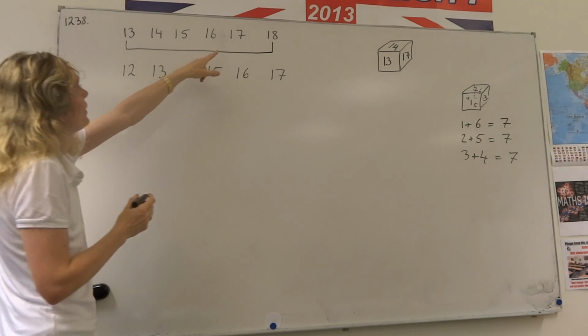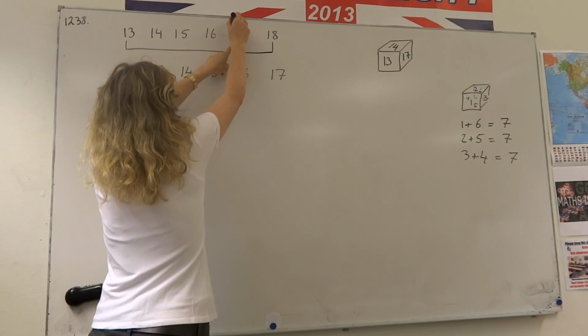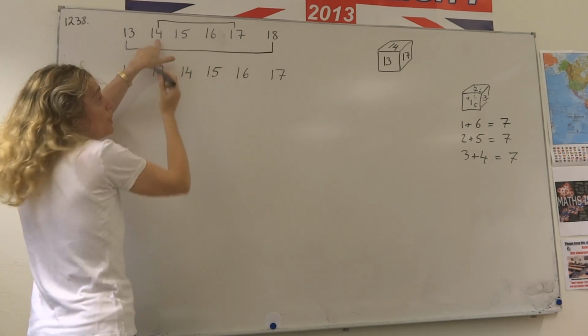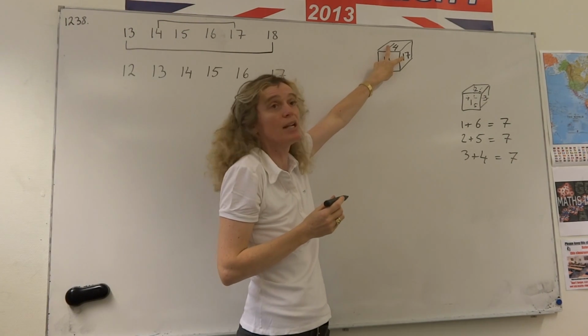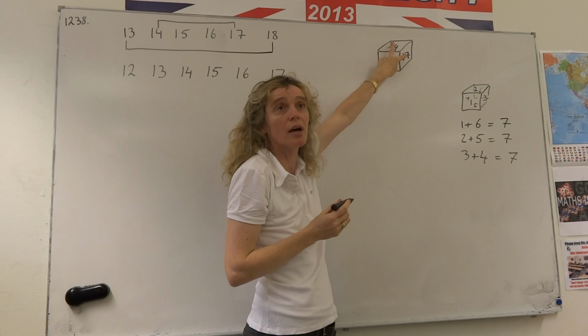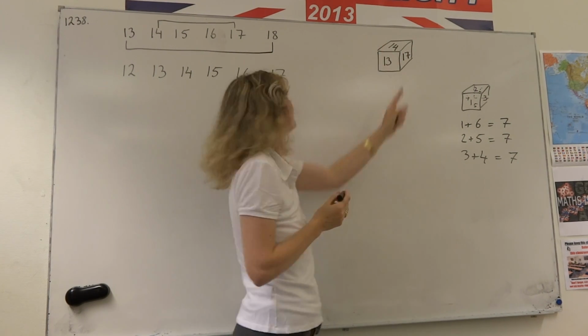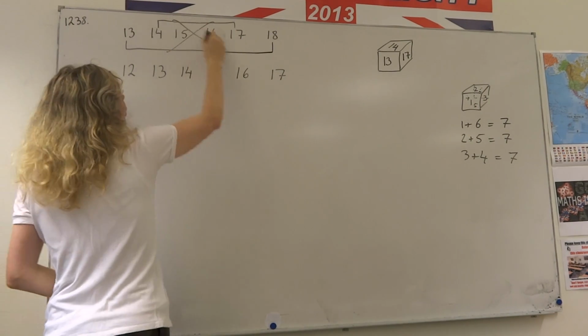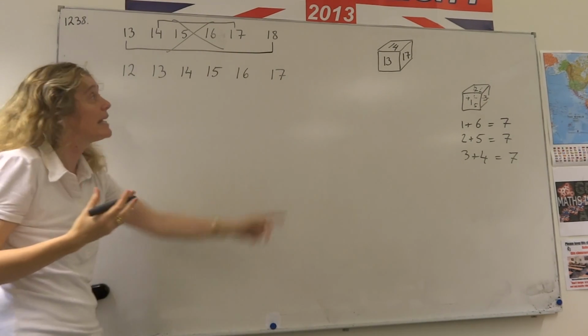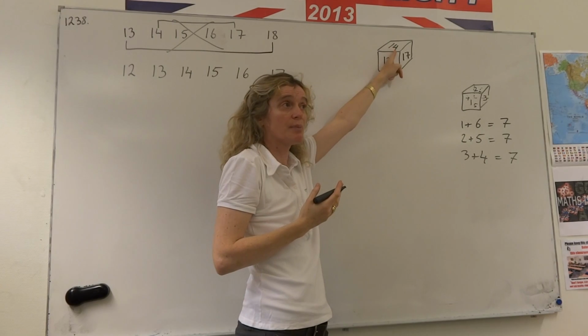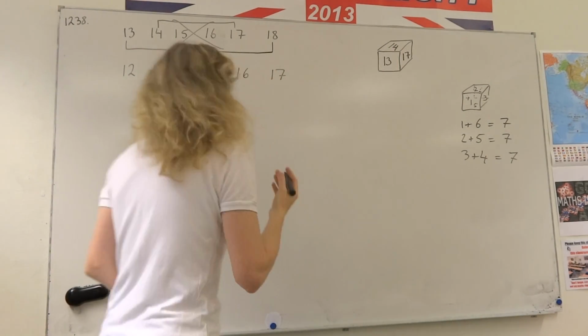And then opposite the 17, it would have to be a 14. But look, that's impossible. The 17 and the 14 can't be opposite each other because they're placed next to each other here. So this combination cannot be right because the 17 isn't opposite the 14.